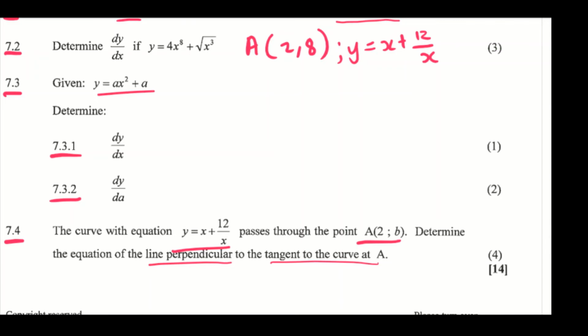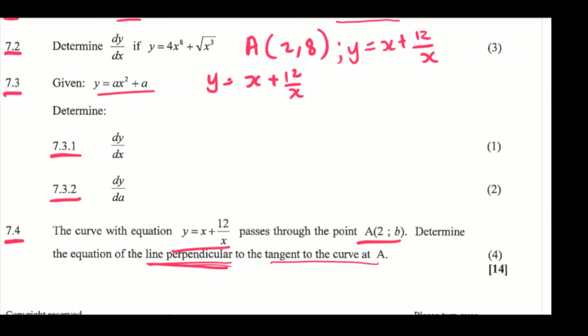So determine the equation of the line perpendicular to the tangent to the curve. So the tangent to the curve, so we have the curve being equals to x plus 12 over x, right? So let's find the derivative of this curve. Why are we finding the derivative of this curve? Is because they're talking of a tangent, and the tangent is perpendicular to this line.